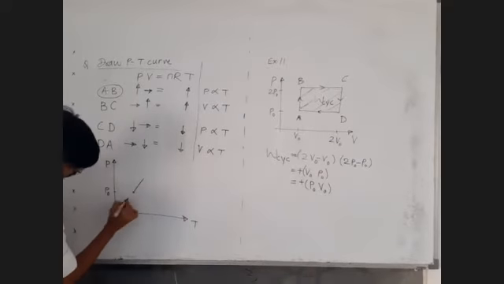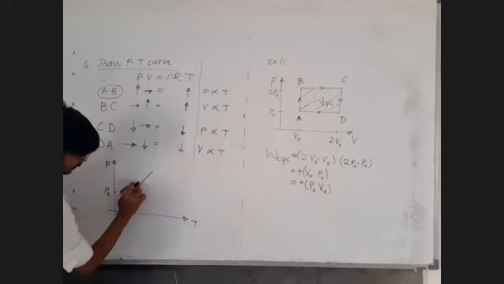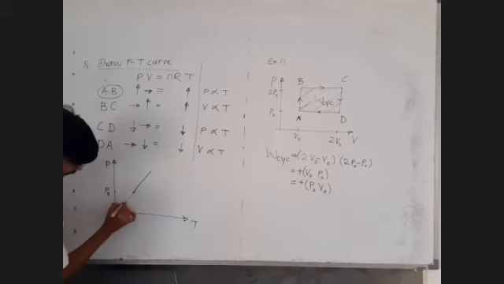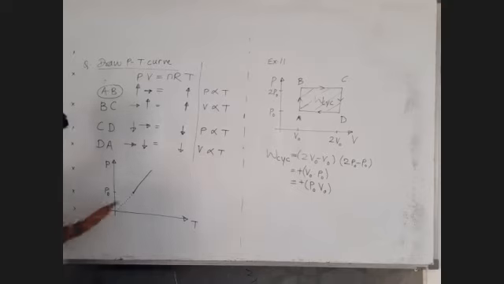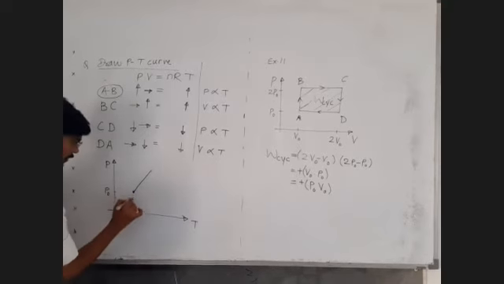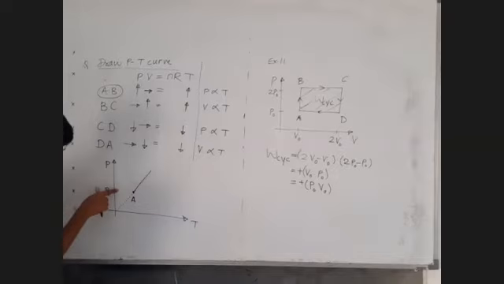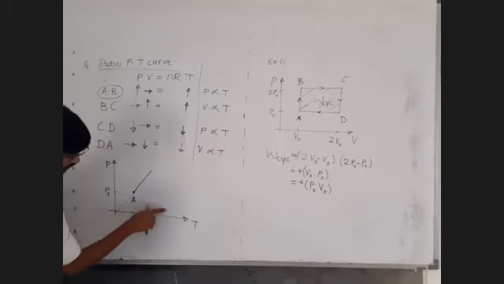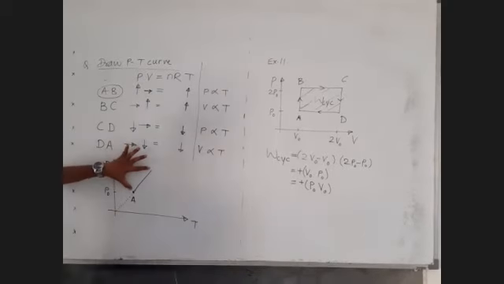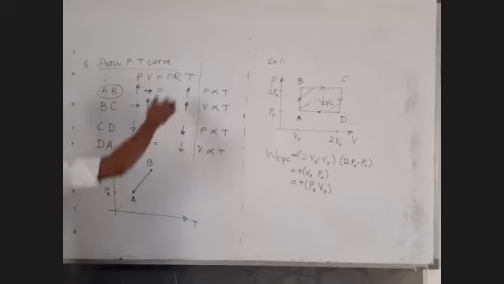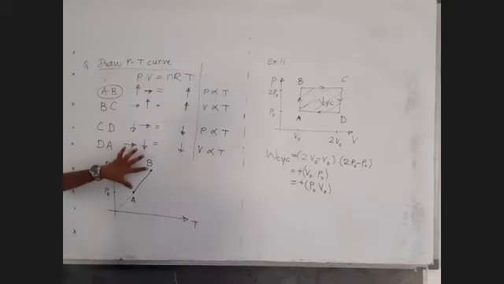The graph should pass through origin if extended backward. But fundamentally here pressure is increasing and temperature is increasing. So this is the actual portion, and this is going to be our point B. We don't have to draw the infinite line, only some portion of the graph.